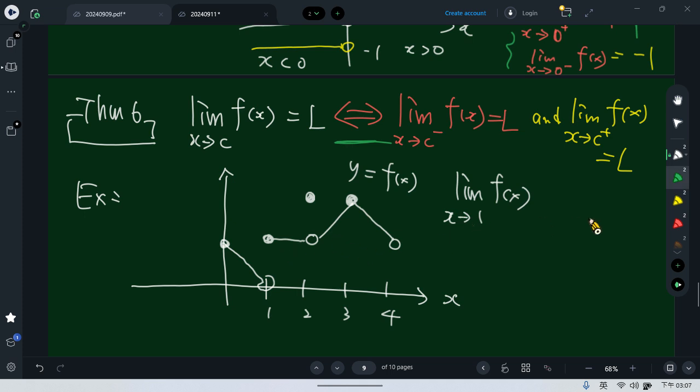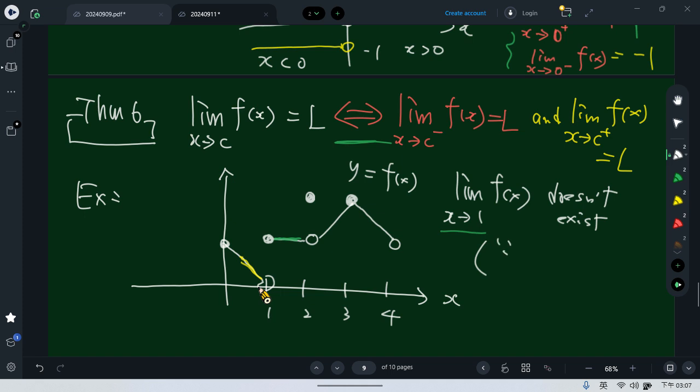Because you can see we focus on s approaching 1. So 1 is here, right? From its right-hand side, the answer should be 1. But from its left-hand side, it will be 0, right? So this doesn't exist.